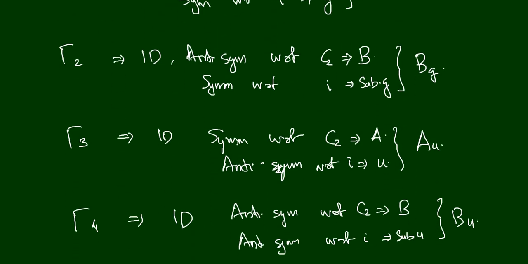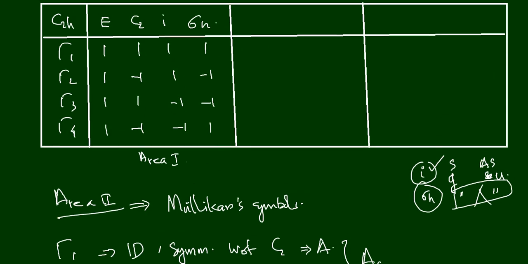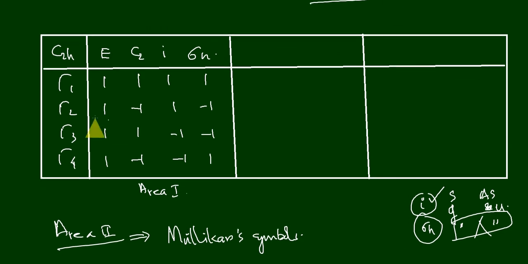AG, BG, AU, BU. So, in our character table, we have to replace this gamma 1, gamma 2, gamma 3 and gamma 4 with AG, BG, AU, BU. Okay, let me replace this.